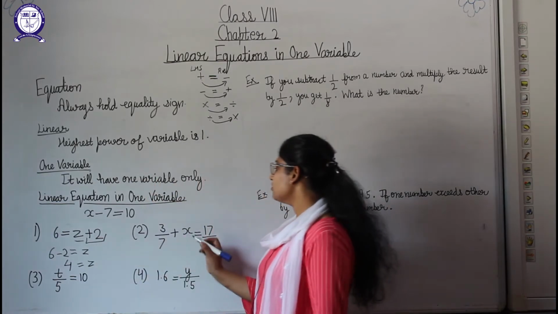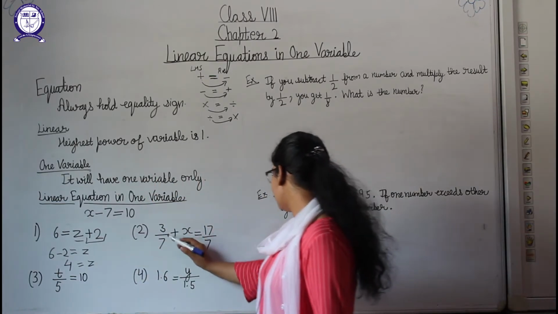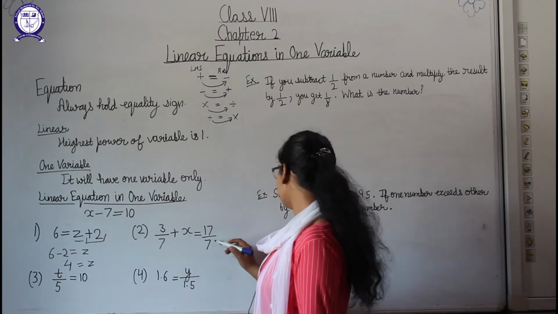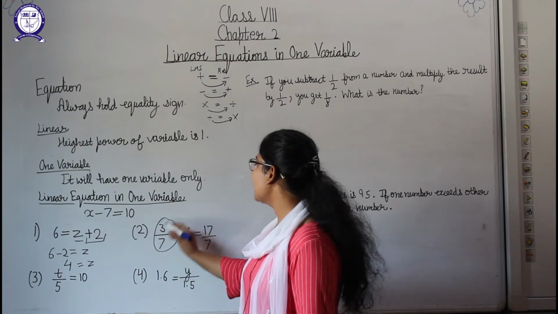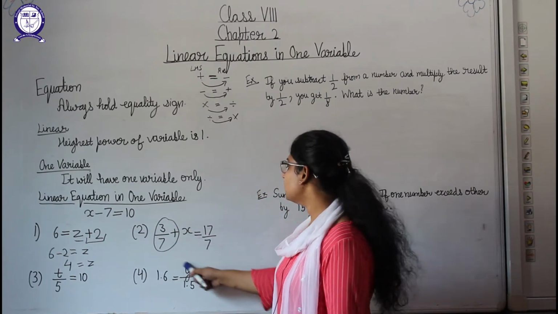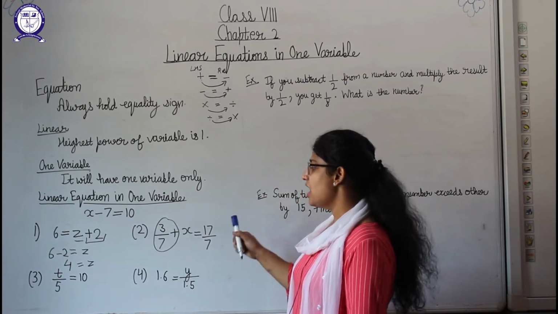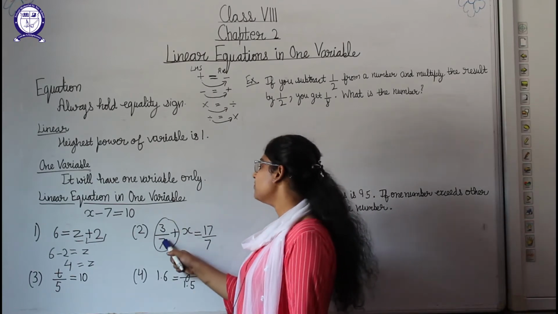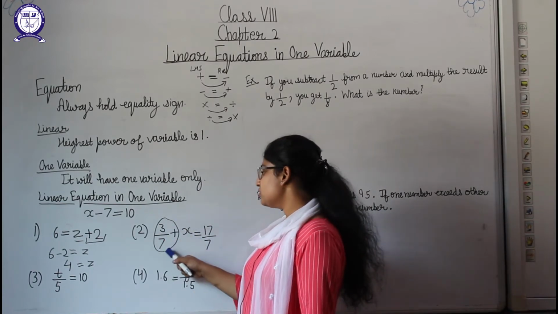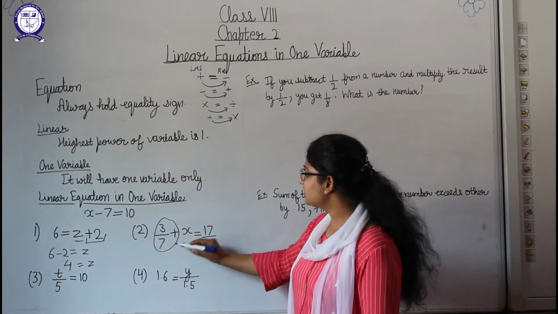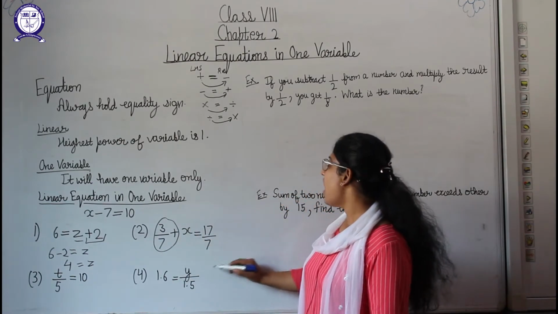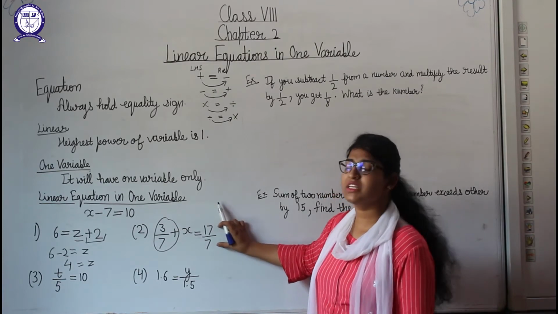Okay, now the second question is 3 by 7 plus x is equal to 17 by 7. Here this 3 by 7 is added to x, so on that side it will be subtracted. And students, always remember that when we are shifting the digits from this side to the other side, we have to place these digits after the number which is already there on this side.